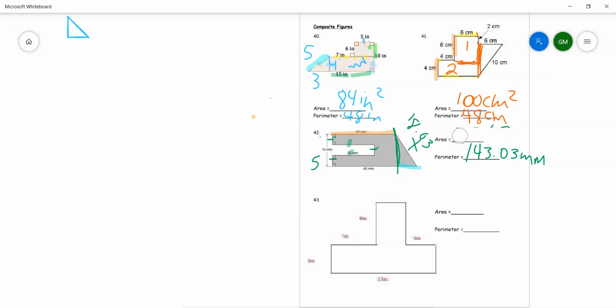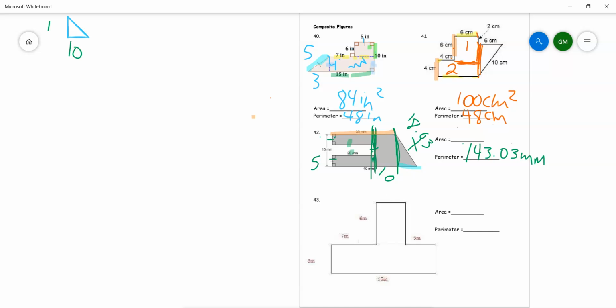And then now let's find the area. So to do that, we're going to have a couple little breakdowns. So let's break it right here. So we had 30 minus 20. So this is another 10 by 15. So let's do the area of the triangle.